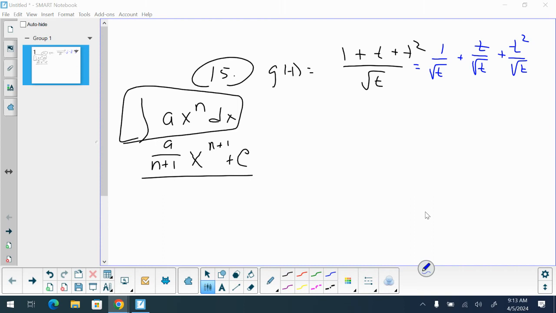So our goal, once again, is to get it into a form of ax to the n. And when we have it here, we don't have that. But knowing our knowledge of algebraic expressions, if I have this all divided by t, I can put each one of my numerators over the denominator.